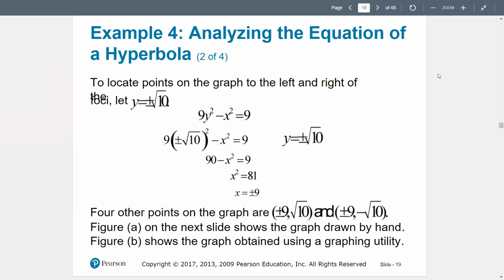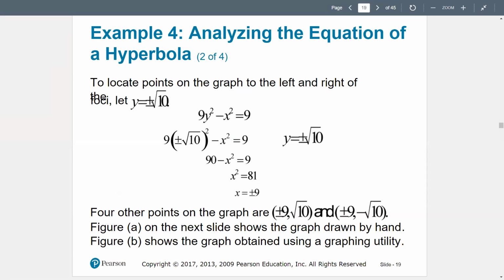What do you notice is different this time when you have to locate points? Instead of them being above and below the foci, what are they? Where are the points going to be found?